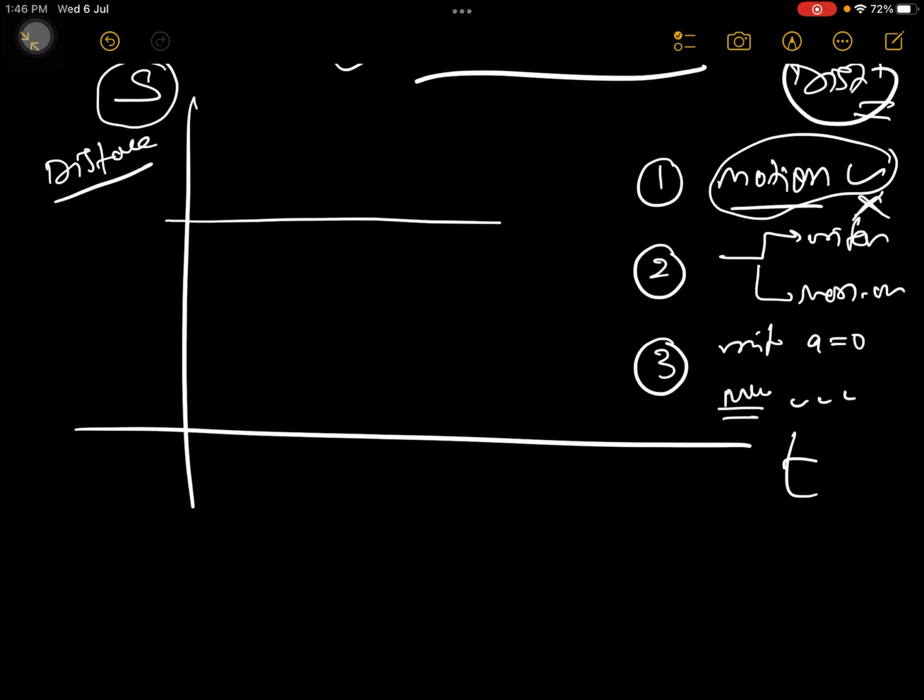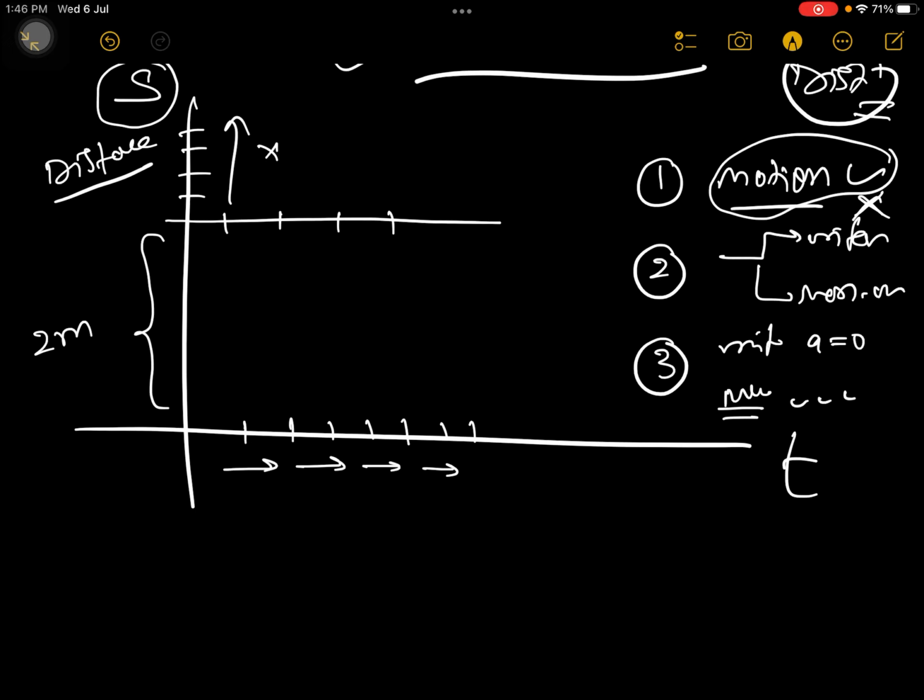In this straight line, you can see the time axis. Time is increasing, time is increasing, time is increasing. But suppose this distance is 2 meter. This distance is not increasing. I mean, distance should increase on this axis, right? But distance is not increasing. Only time is increasing.